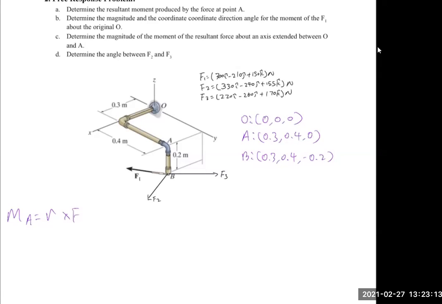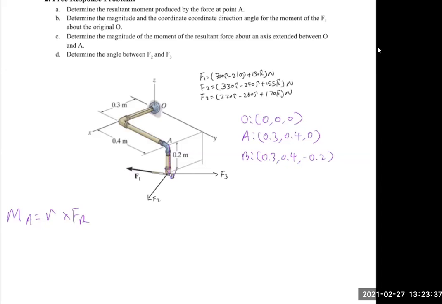Okay, so for F, we know that if it gives you more than one vector, then the F is simply the resultant vector of them. And for my R, we know that it's from the point where you generate the moment to the point where the force is acting. We generate the moment at A, right? Where the force is acting at B, right?